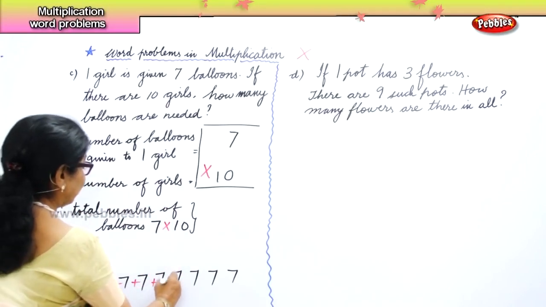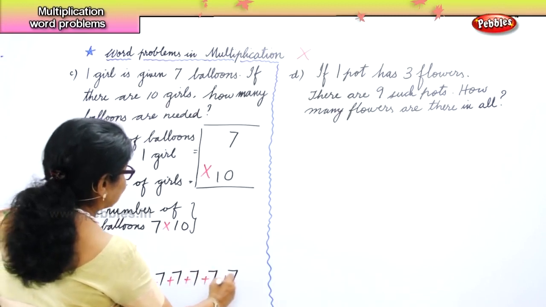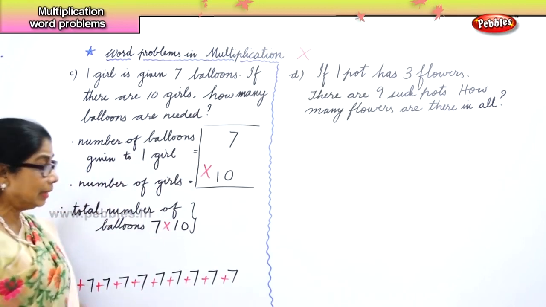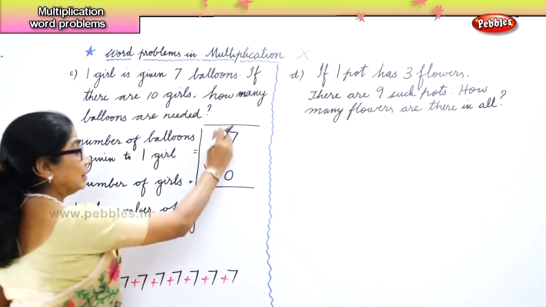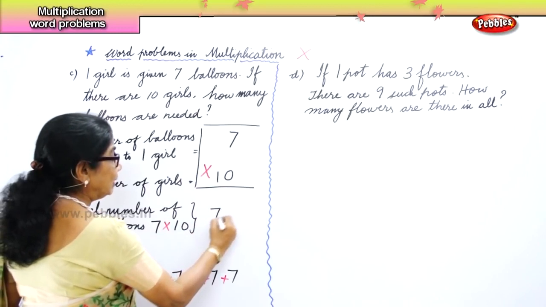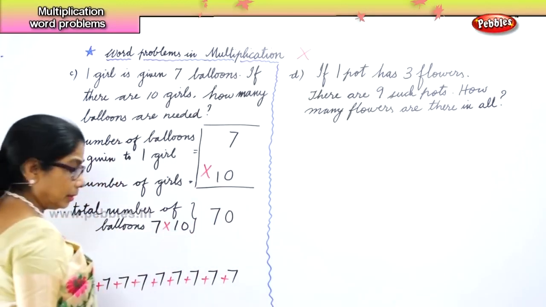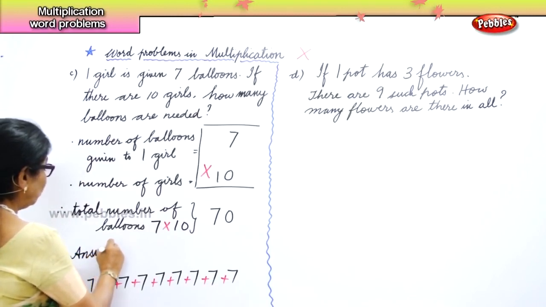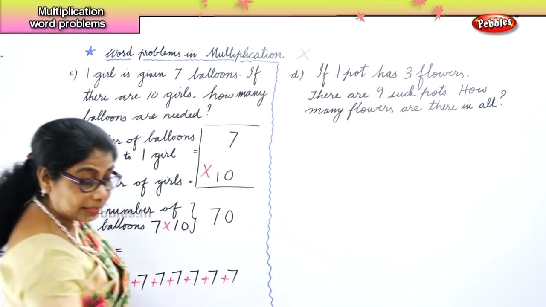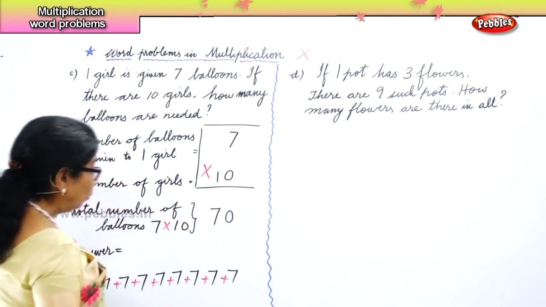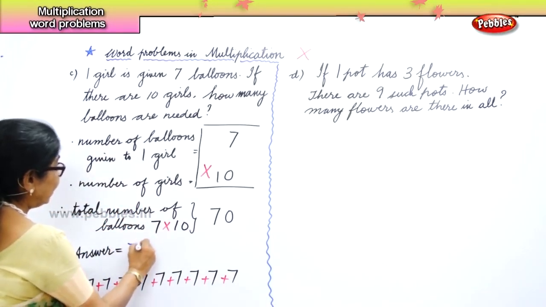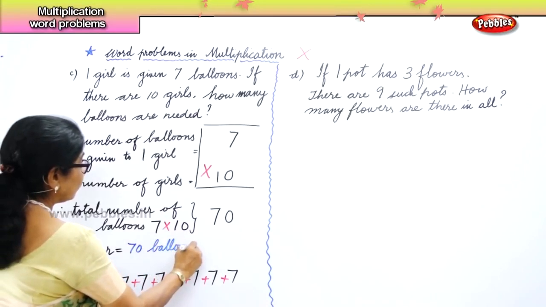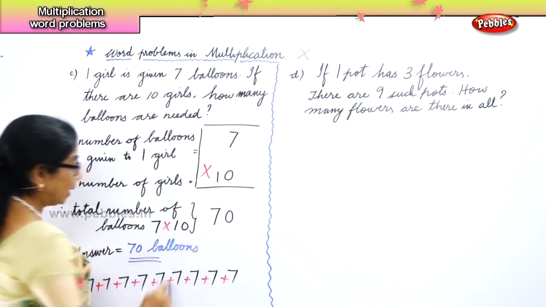So if each girl must get 7 balloons, you write down 7 10 times. 10 sevens are 70. So your answer is, you need 70 balloons to give to 10 girls.